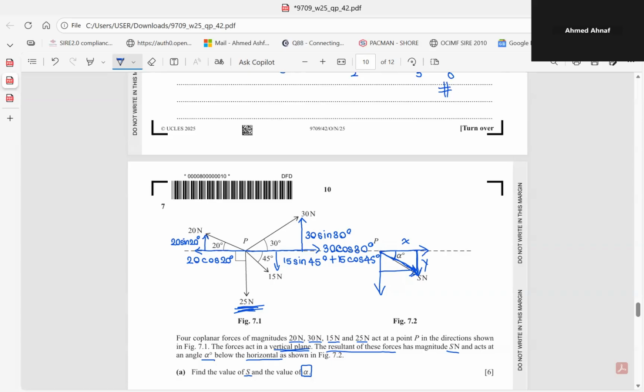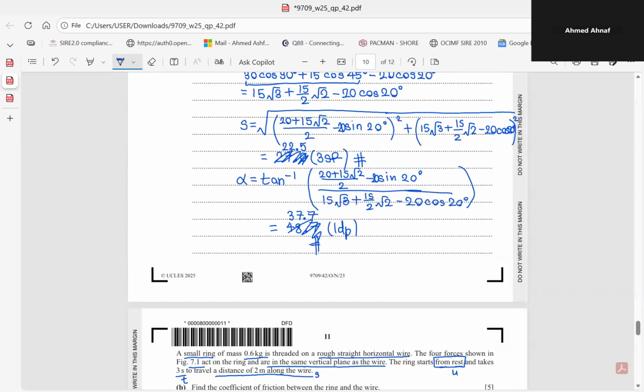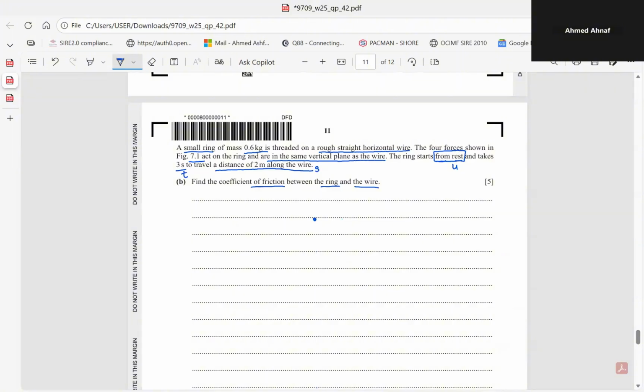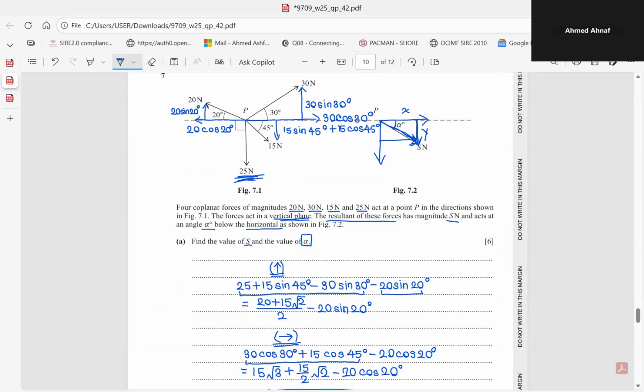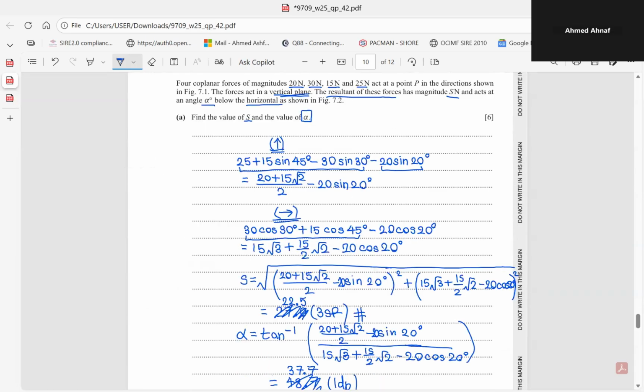So I believe, let's just draw a diagram. So S, we already found, is 22.5. It's at an angle alpha, and friction would be somewhere here.